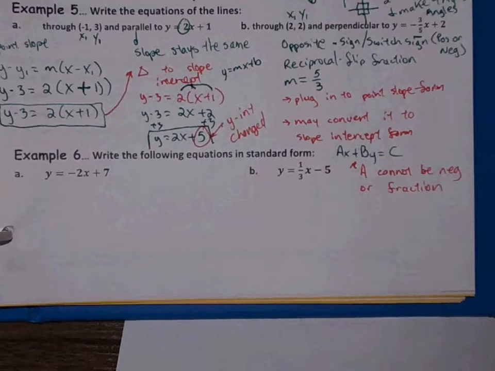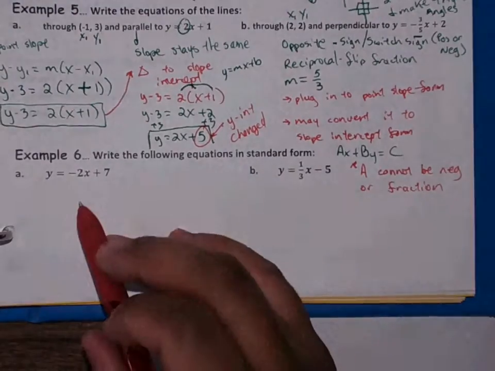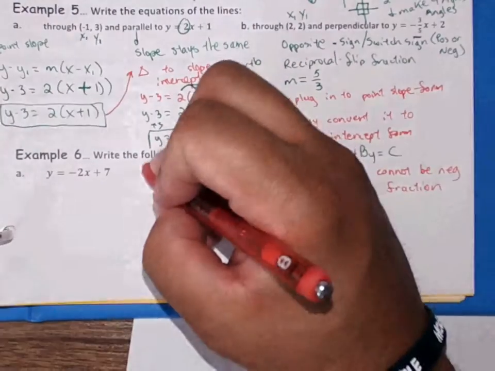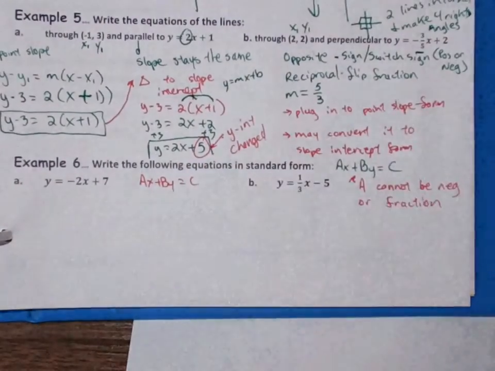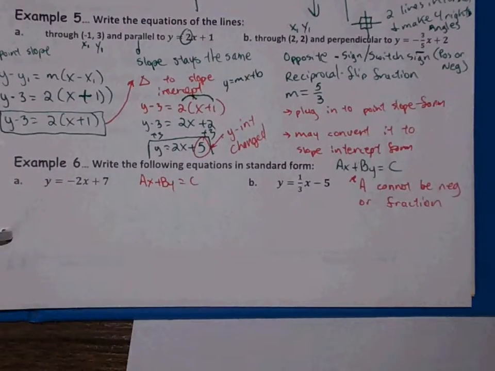So somebody tell me what they would do. Actually, let's go with seat number 20. What would you do first to be able to get this into Ax plus By equals C form? I'll give a little wait time. What will we do first? I'll come back to you.